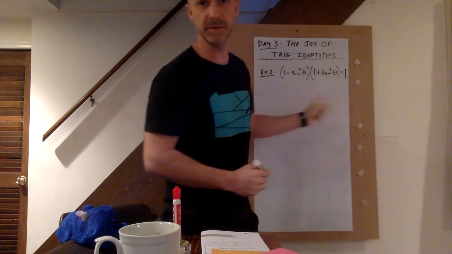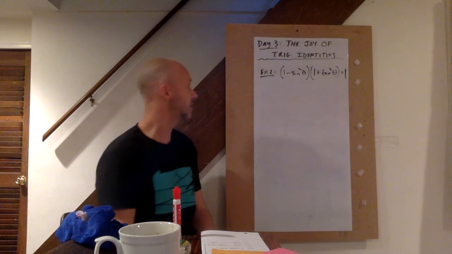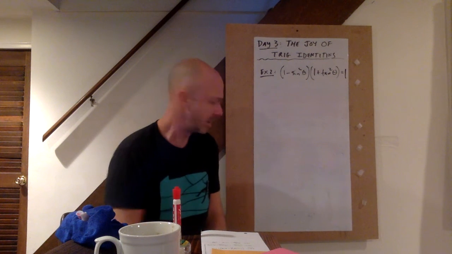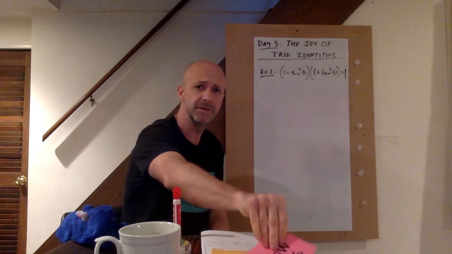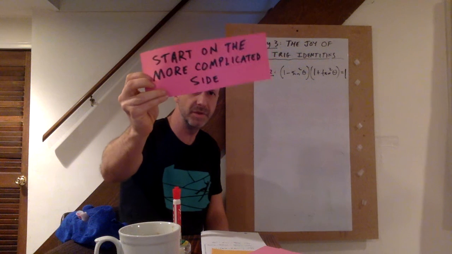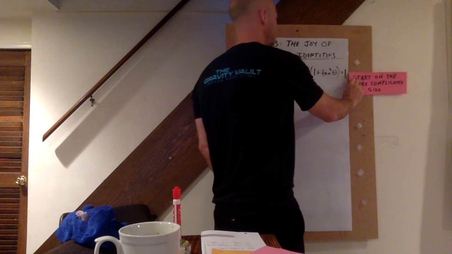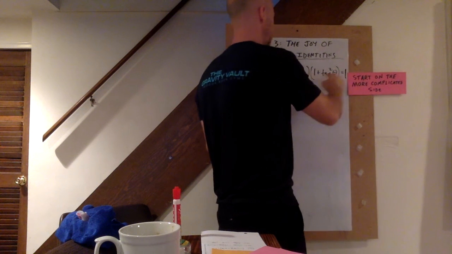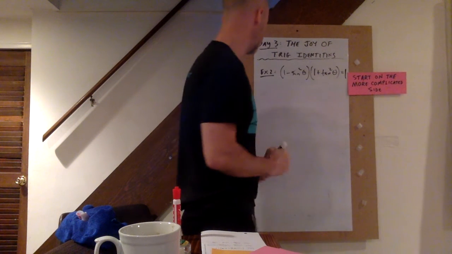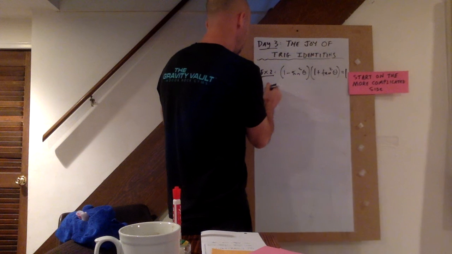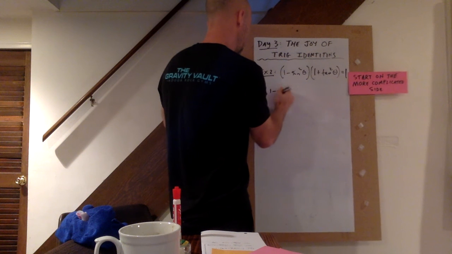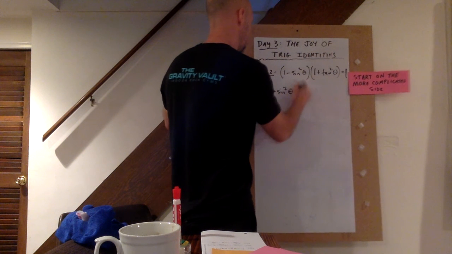So 1 minus sine squared times 1 plus tan squared is equal to 1. Okay, another piece of advice here, something that I should have mentioned last time, is we're going to start on the more complicated side. So the more complicated side is clearly the side 1 minus sine squared, 1 plus tan squared. So I'll take that and I'll rewrite it right here, nice and big, so it's not all smushed up.